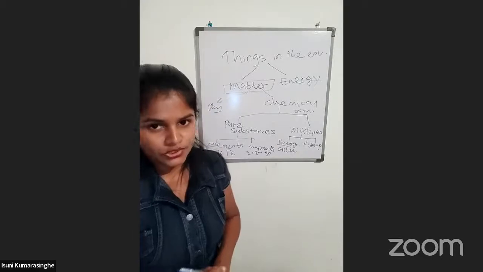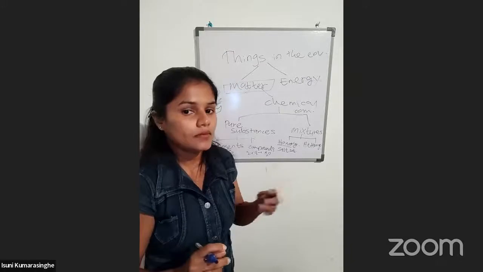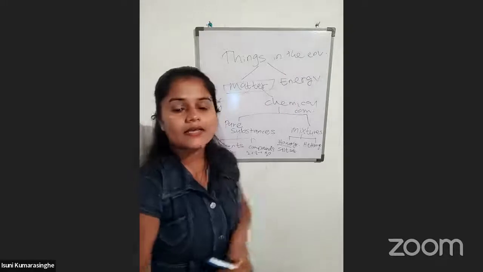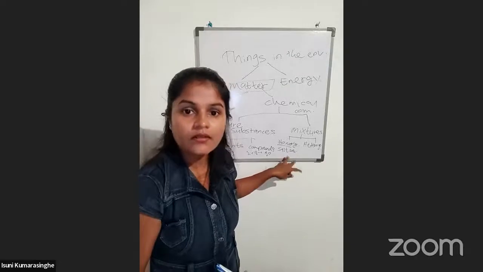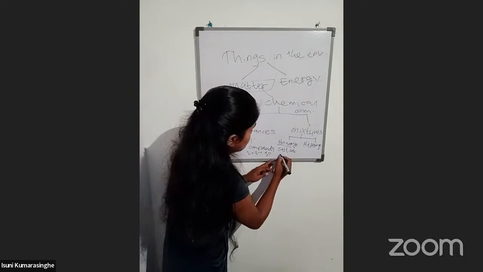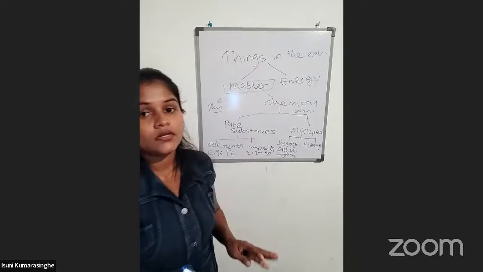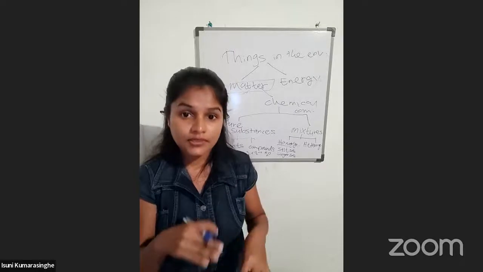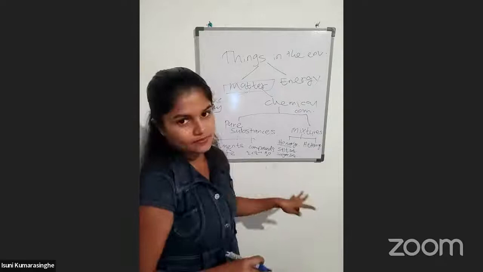In a salt solution, if you taste samples taken from different places, the taste is the same. That means in a homogeneous sample, the composition is the same throughout. Like salt solution, sugar solution is the same. Here also, when you mix sugar and water, they mix well, and their composition is the same throughout the sample.